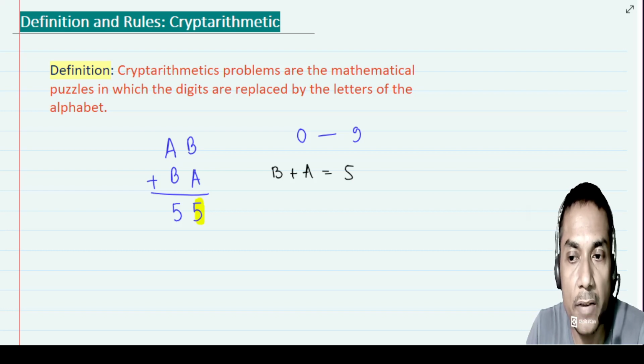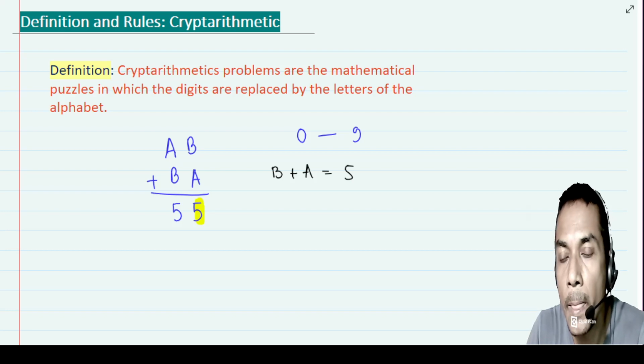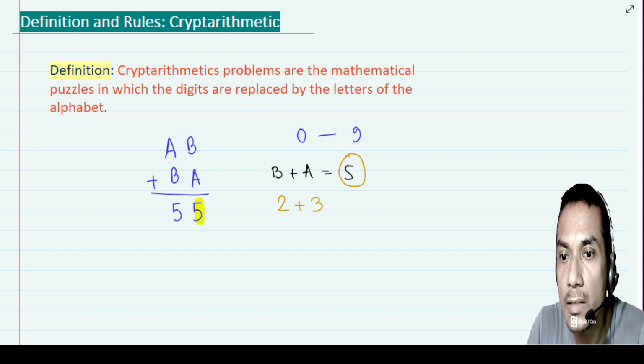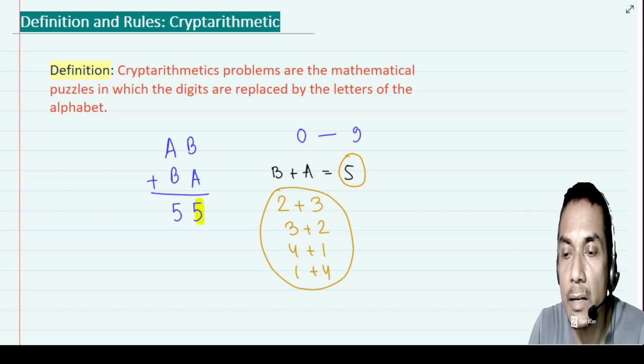If I consider carry forward, then it will be 15, but I consider 5. Now how many combinations are possible with this 5? 2 and 3 is possible, or 3 and 2 is also possible. Or 4 plus 1 is possible, or 1 plus 4 is also possible. So all these possibilities are there.